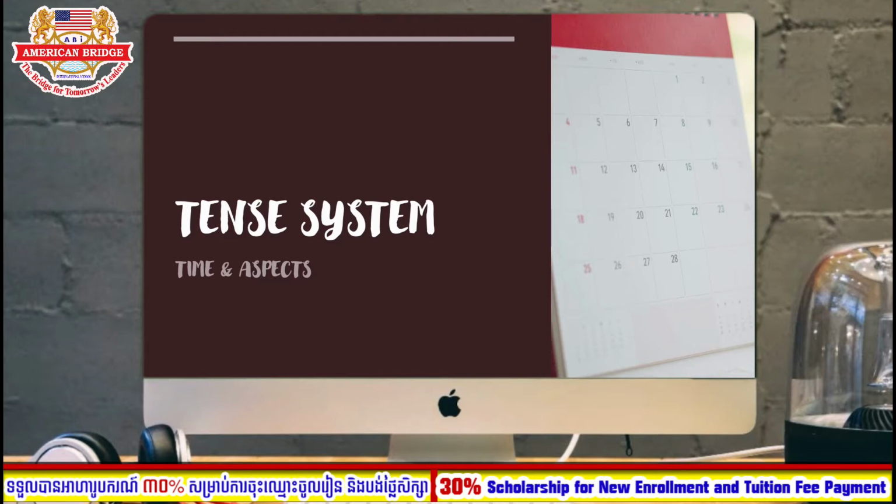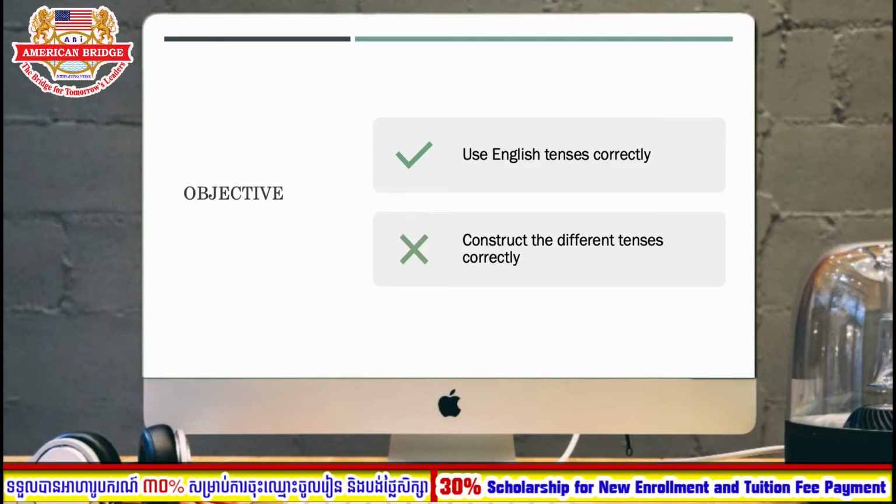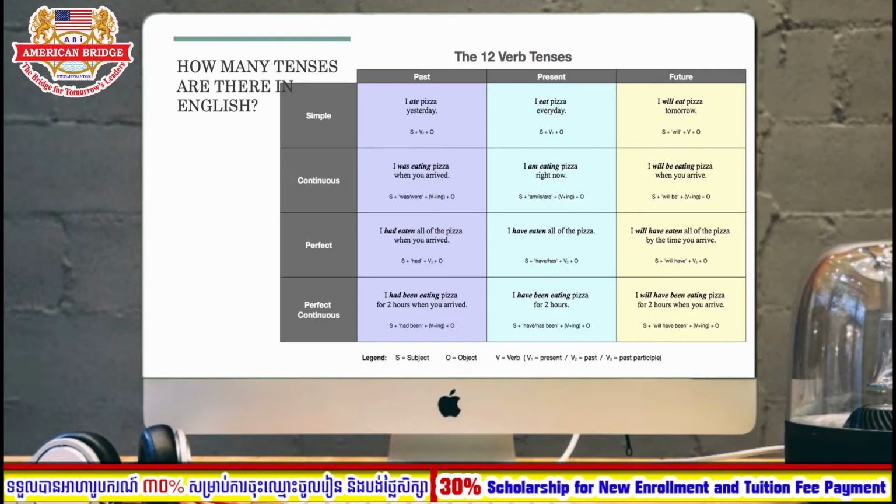So in this video, there are two main objectives that you will achieve after you watch it. First, you will be able to use the 12 English tenses correctly. And the second one, you will be able to construct the different tenses correctly. We will focus on the form. All right, so let's start with the tenses in English.